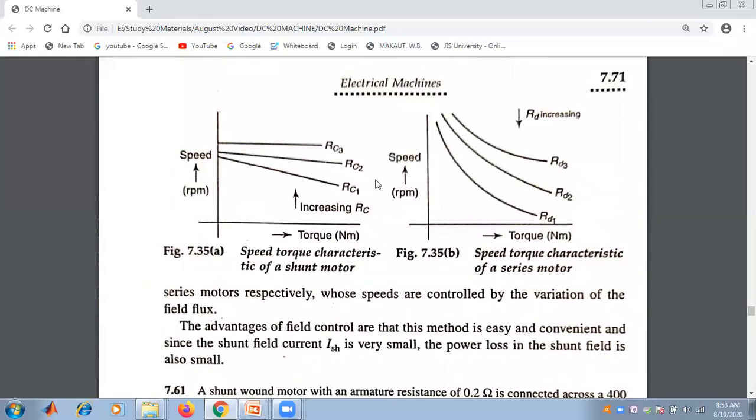So as the RC goes on increasing, the speed also increases, and as the RD goes on decreasing, the speed increases. The speed and torque characteristics for the DC series motor are also seen here.